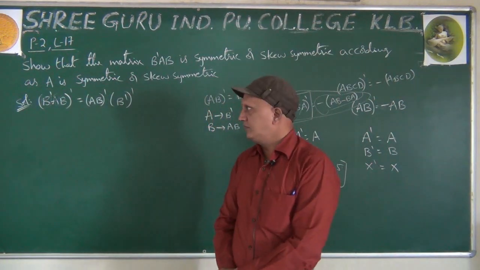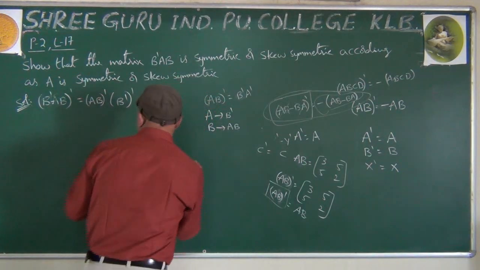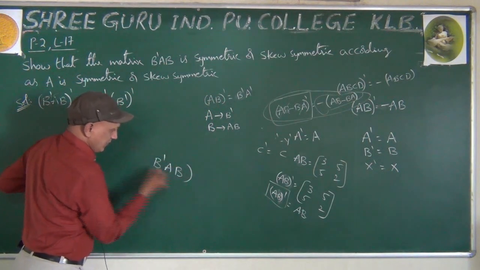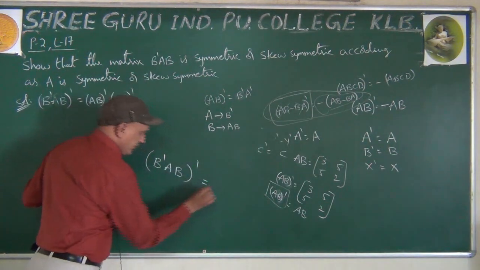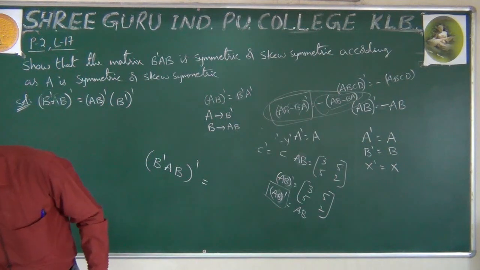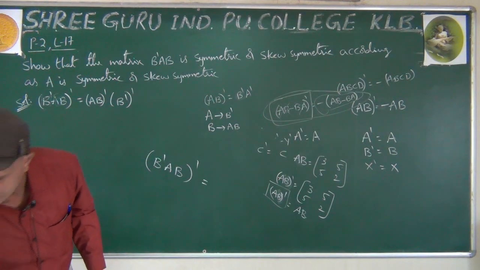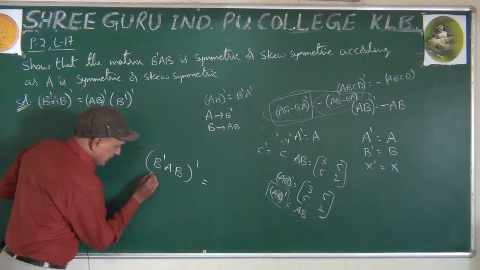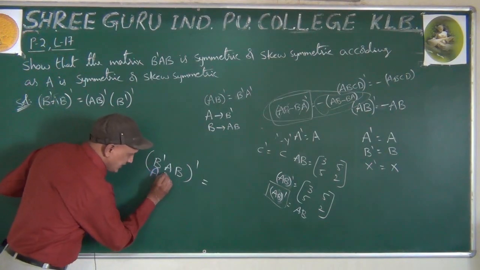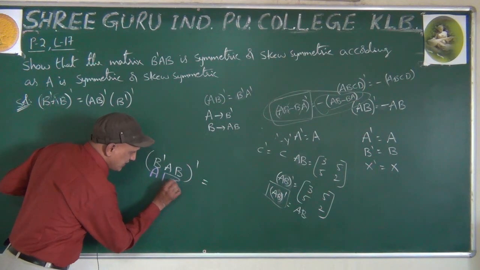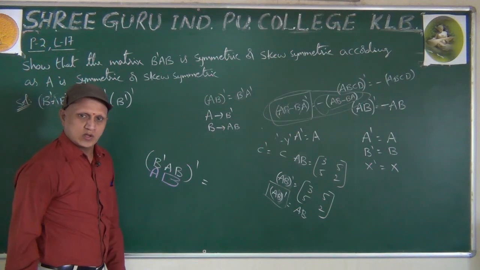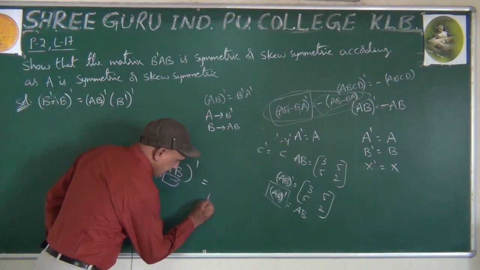Consider this as A and consider this as B. AB whole dash equal to B dash A dash.